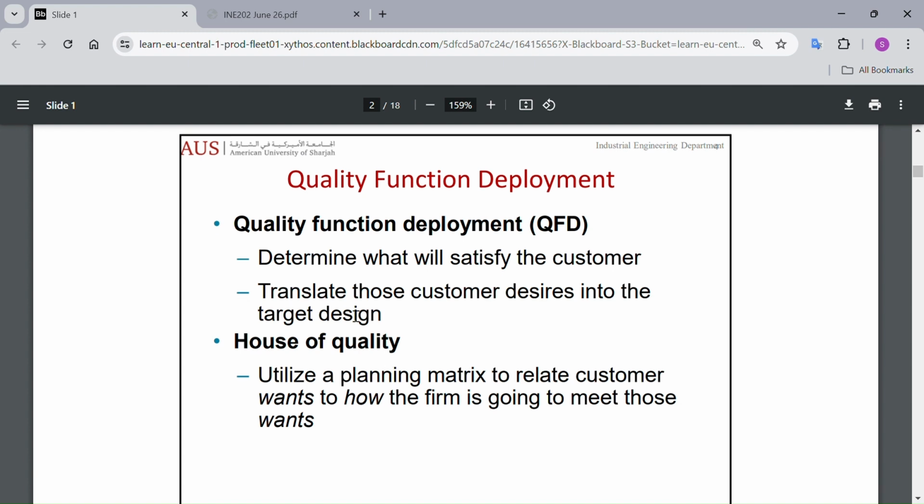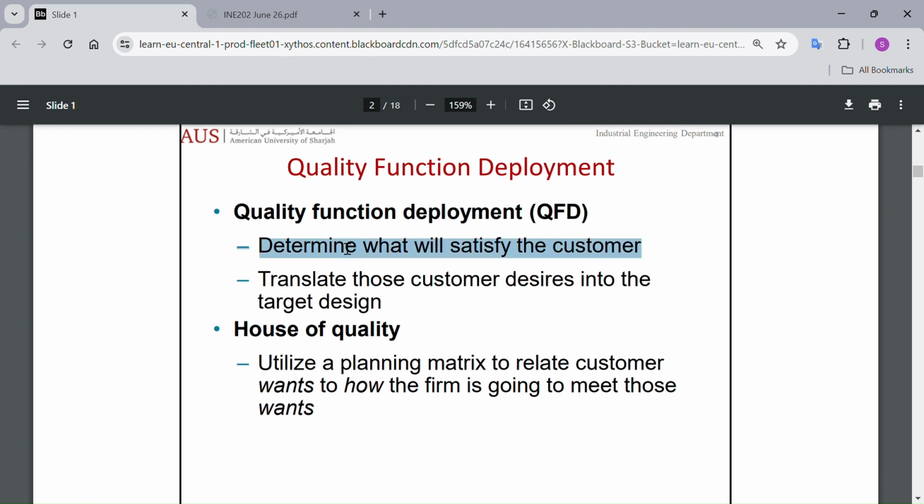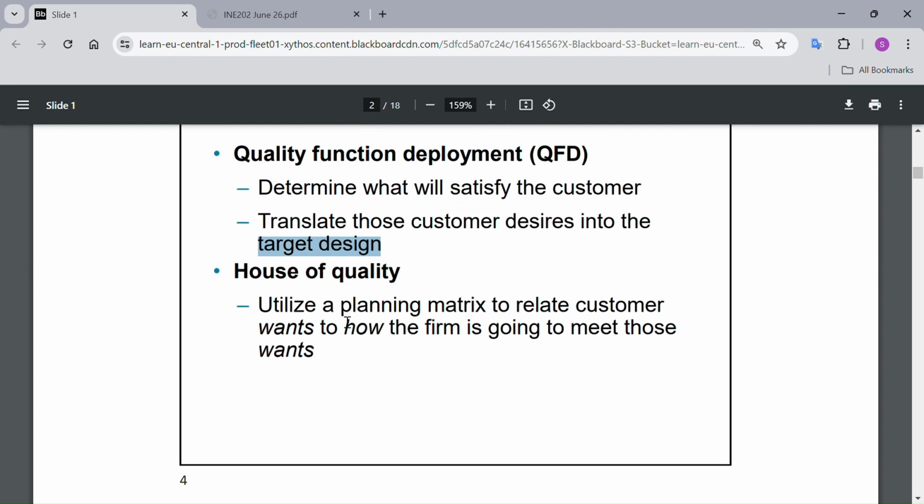We will need to determine first what will satisfy the customer and what the customer wants, and then translate those customer desires into the target design, and identify what qualities the product needs to meet the customer's need.